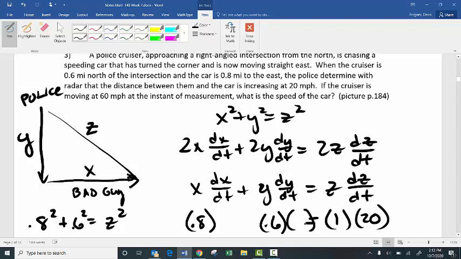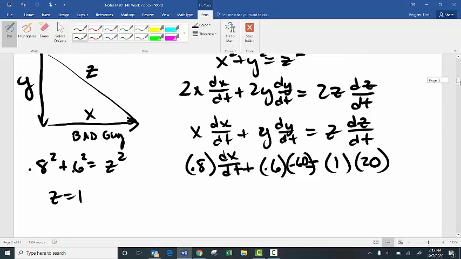Now here you have to be a little careful. The dy dt, which is 60, has to be negative because y is getting smaller, right? So what we want to solve for is what's the speed of the car? We want to figure out how fast the bad guy's going in that case.